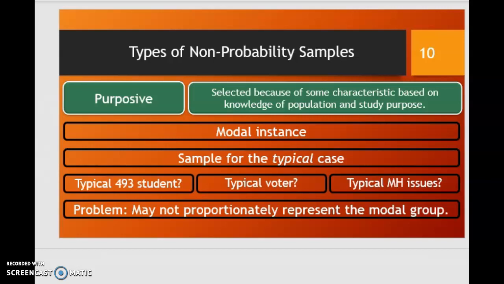So let's say a typical student, a typical voter, a typical mental health issue. This could create problems of proportionately representing the model group. And so this type of sampling also may not be appropriate for certain types of studies that we intend to carry out.